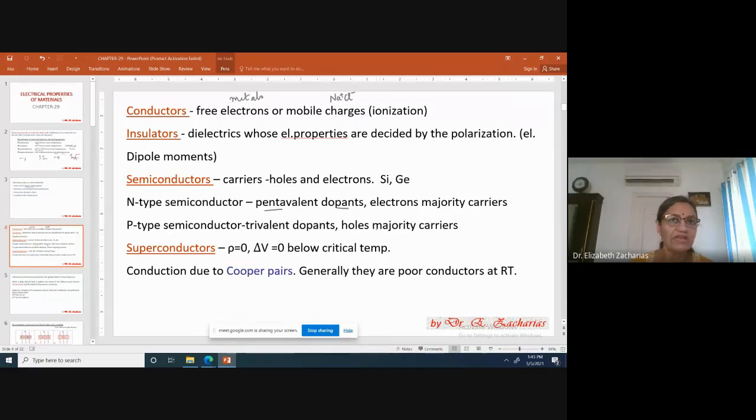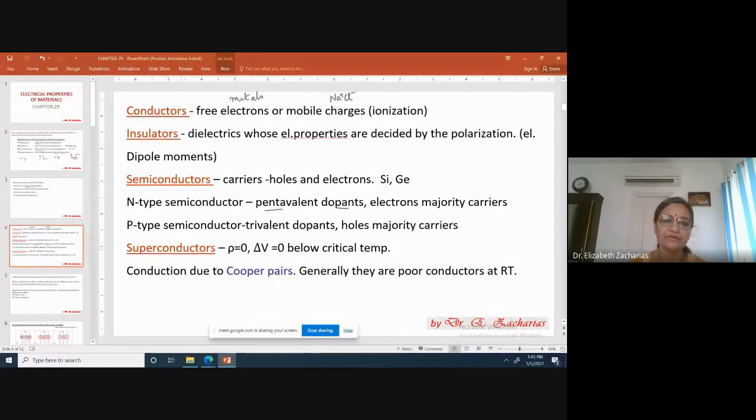Please remember, the difference between holes and electrons is in their mass and also in the sign of the charge. The basic intrinsic semiconductors can be silicon and germanium. By doping, you can actually increase the conductivity of these semiconductors.